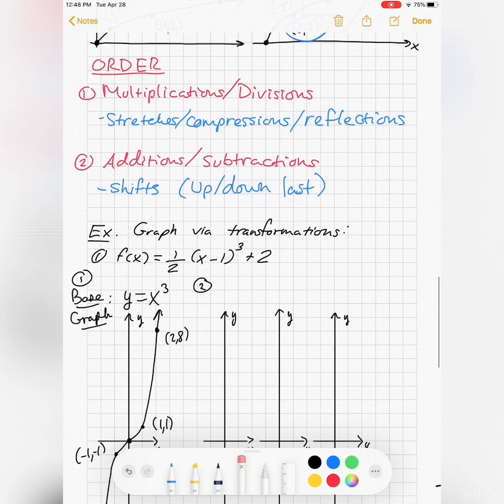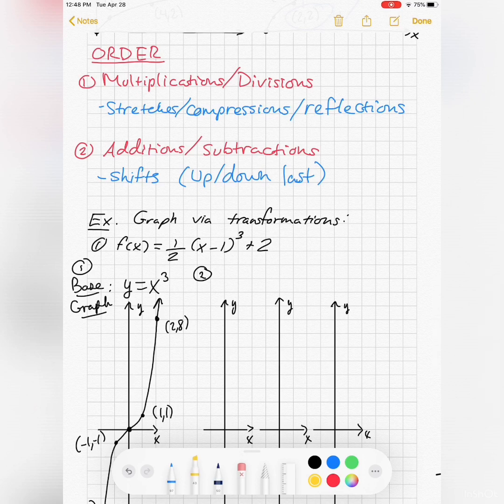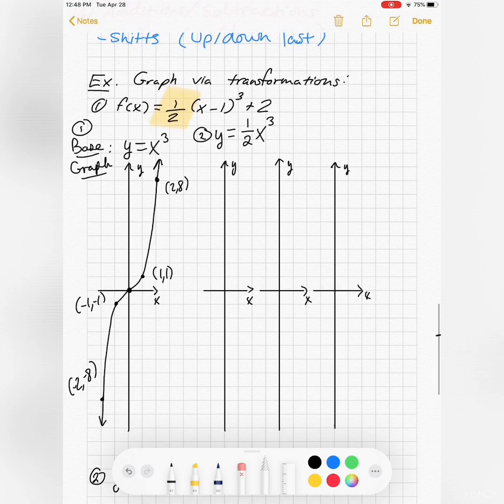Okay, so that means when I'm identifying step 2, I have to look for multiplications and divisions. So the multiplication that I see is by this 1/2. So my second graph is going to be incorporating that 1/2. Okay. And I should have left more room.